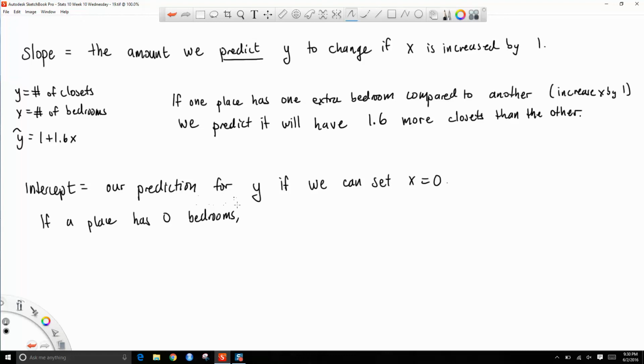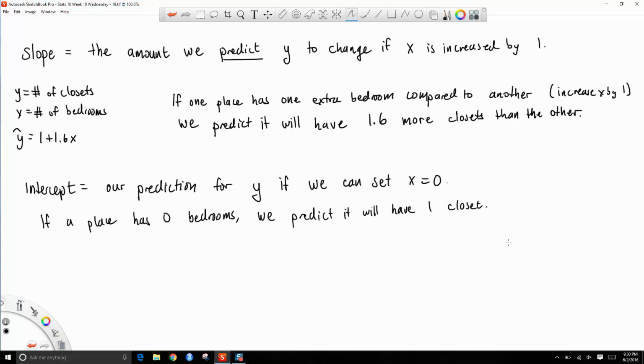But if a place has 0 bedrooms, we predict it will have 1 closet, according to our model. That's what we have here.